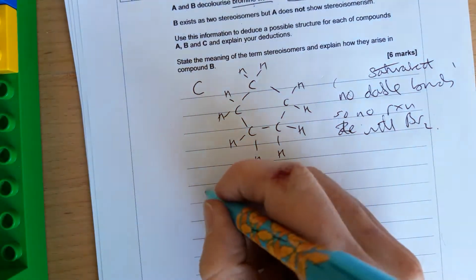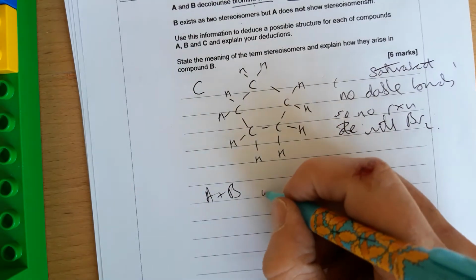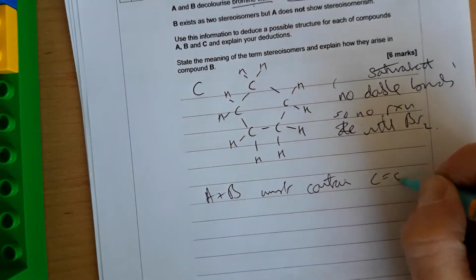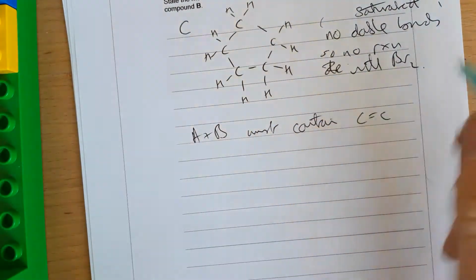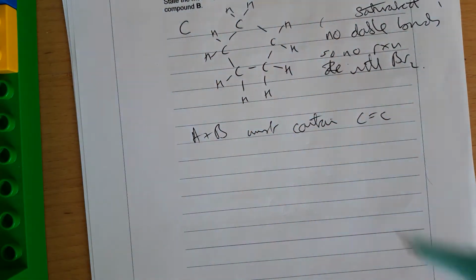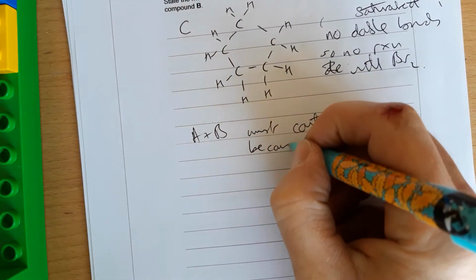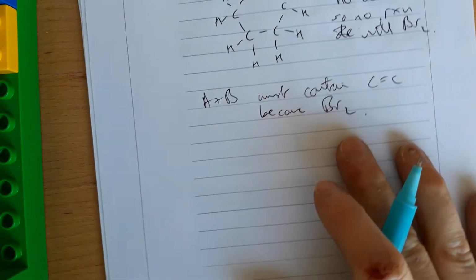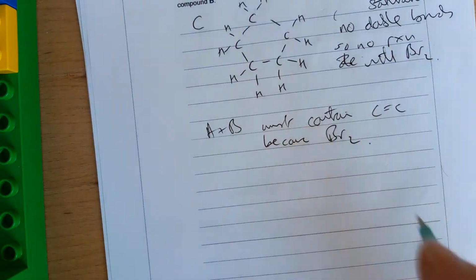Right. A and B must contain C double bond C, or they'd be saturated; another way of saying that is they are unsaturated because they react with bromine water. So here are some suggestions then. I'm just going to go through a few examples.